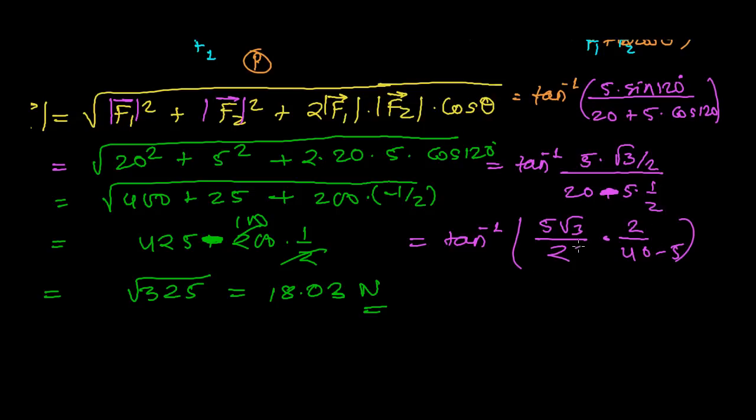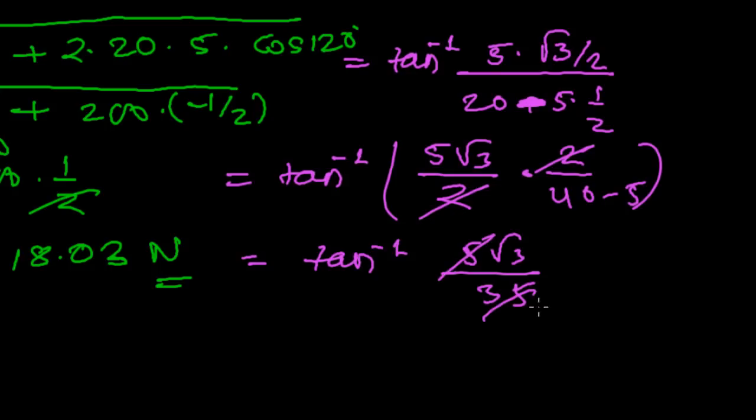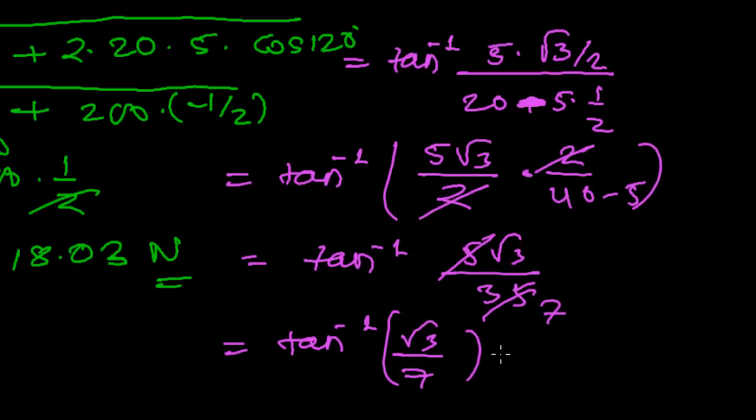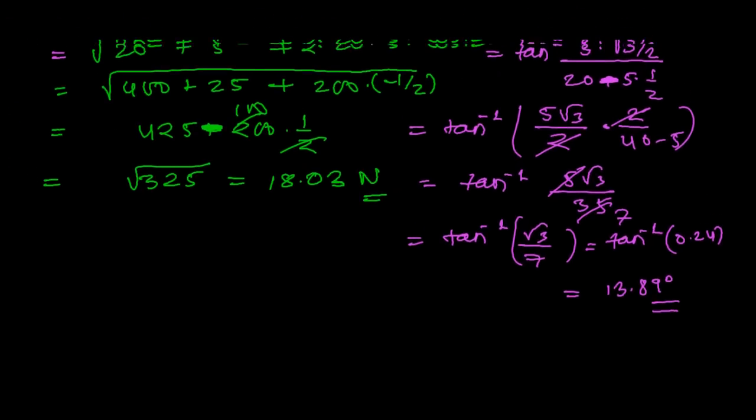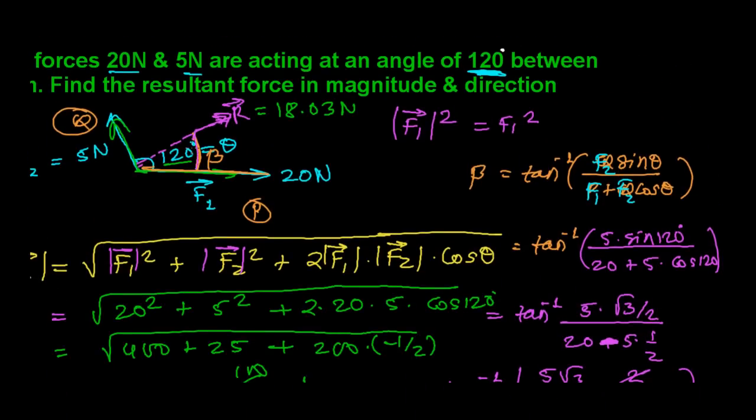The 2s cancel, and the 5 cancels with 35 by 7. So it's tan inverse of root 3 over 7. From the calculator I get 0.24, and tan inverse of 0.24 gives me 13.89 degrees.